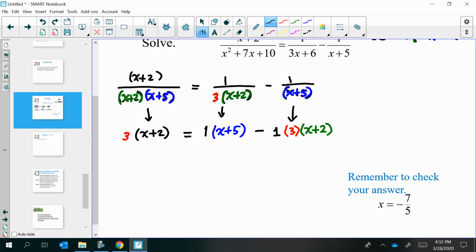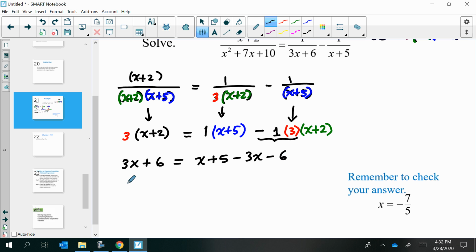So now I'll distribute and simplify, combine like terms, and then start solving. So distributing 3 times x plus 2, I have 3x plus 6 equals x plus 5 minus 3x, so that's a negative 3 multiplied times x, and then negative 3 multiplied times 2 gives me negative 6.